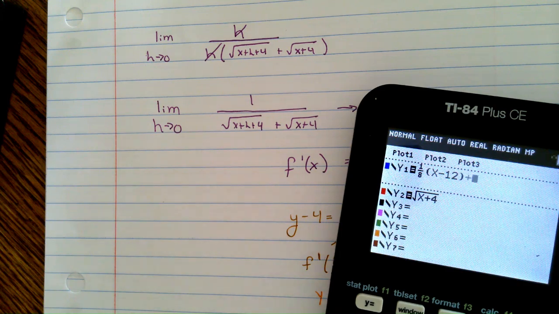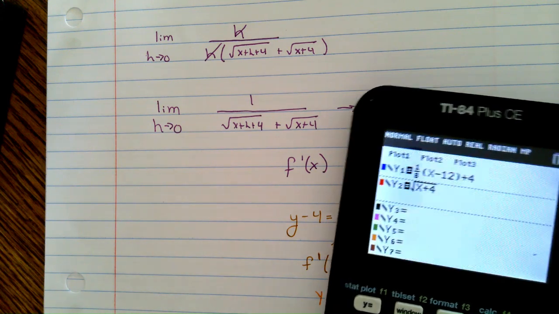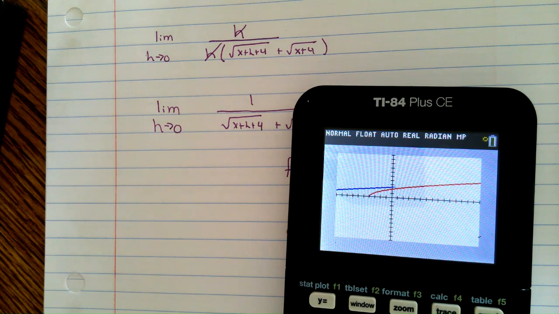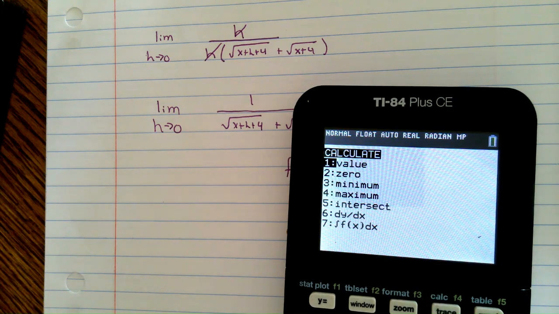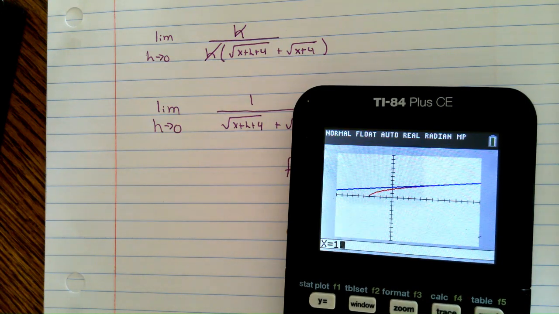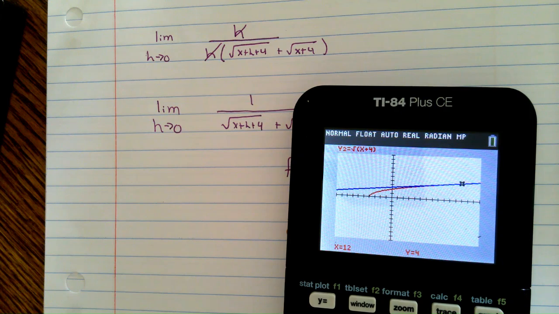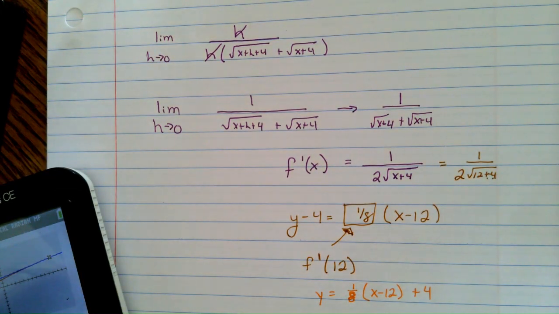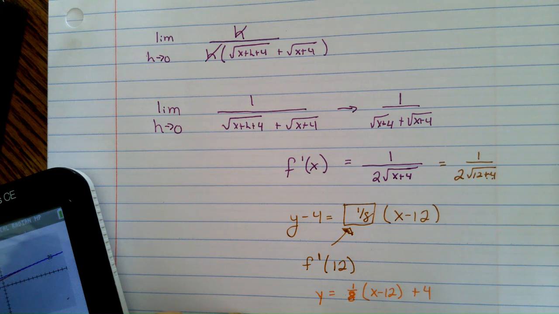And then plus 4. Yep, we found it. They have a point of tangency. If you were to distribute and combine like terms, you'd find out that this is 1/8 x plus 5/2.